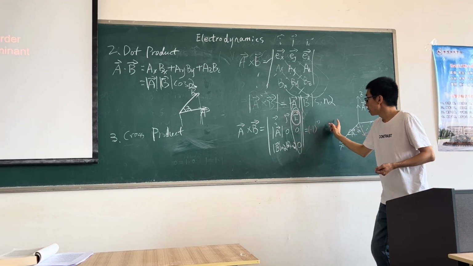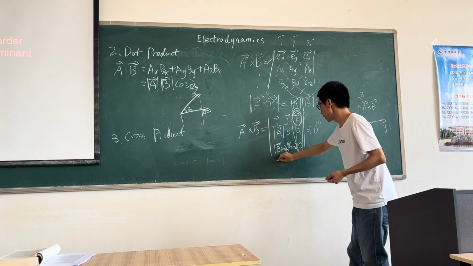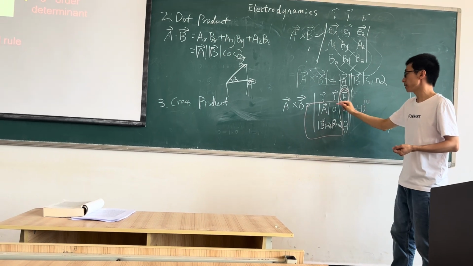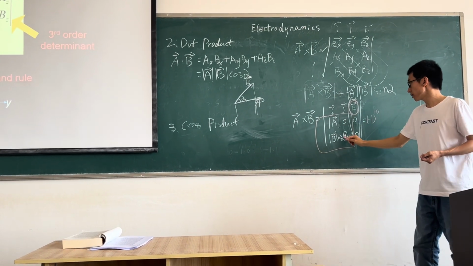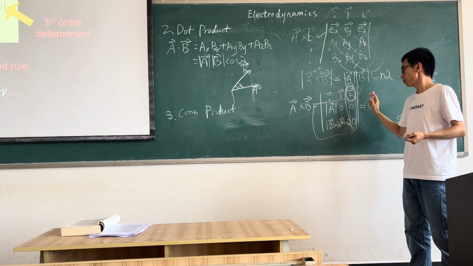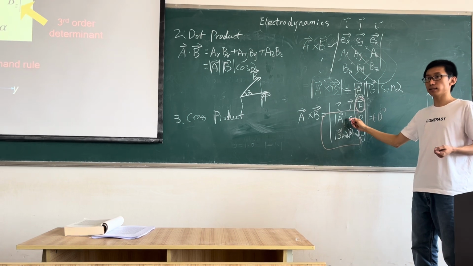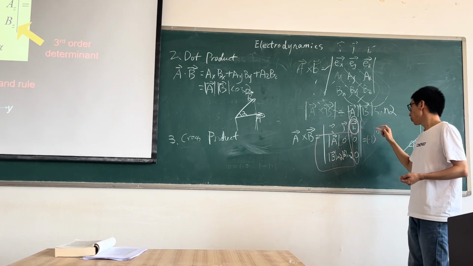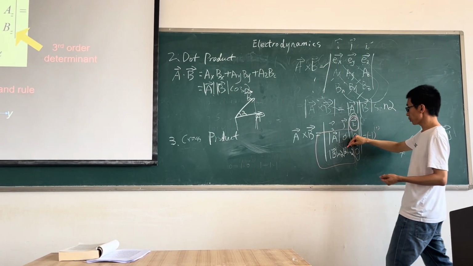So we have k times a second order determinant, where the second order determinant is these two product minus these two product. Another zero means this product is also zero, so we only have this product left.